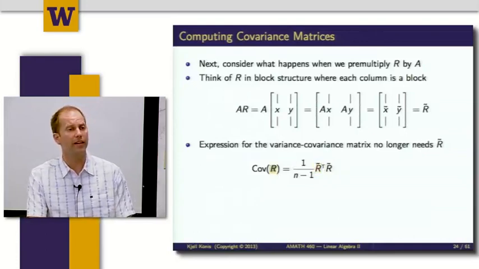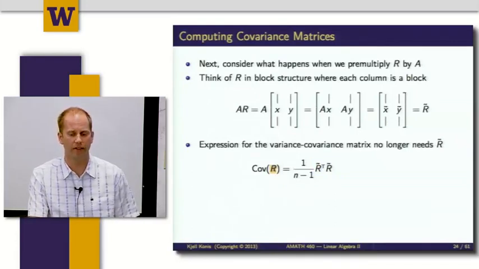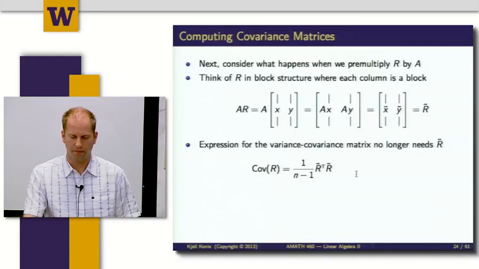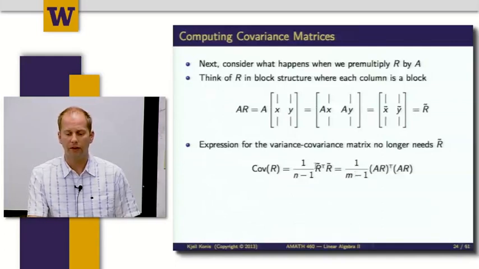So here I'm aiming to get the sample covariance for the matrix R. But I first need to make this R tilde matrix in order to do that. But now I can replace R tilde just by AR, because A is going to turn R into R tilde.